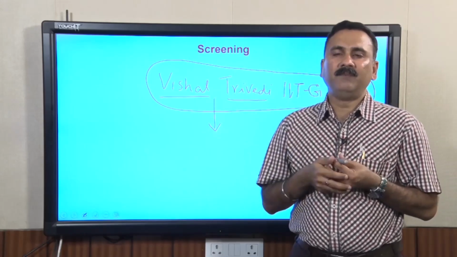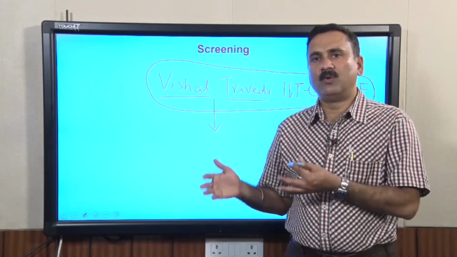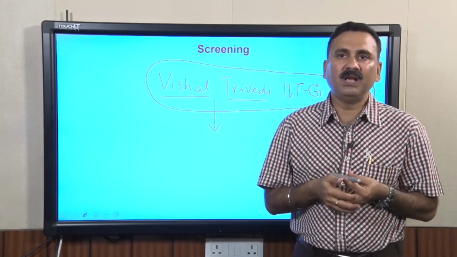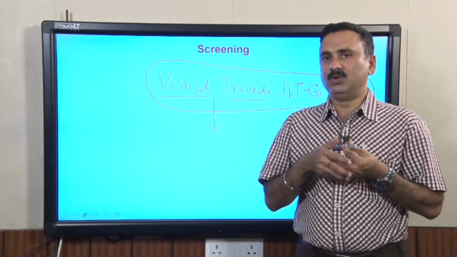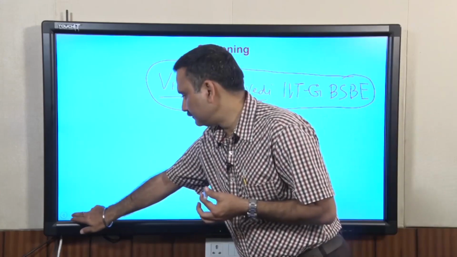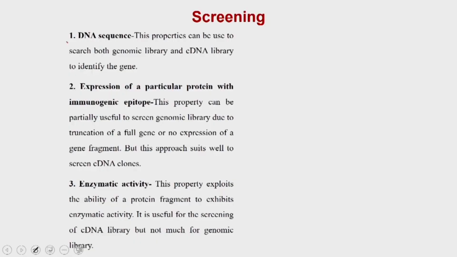So, for screening different clones of the genomic or the cDNA library, we have 3 different analytical tools which can be used. What are the different tools? We have the DNA sequences.